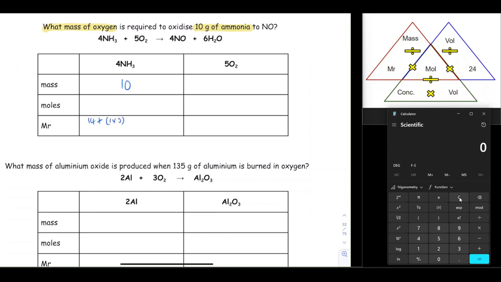So that's 14, 17. So 10 divided by 17 gives me 0.588.